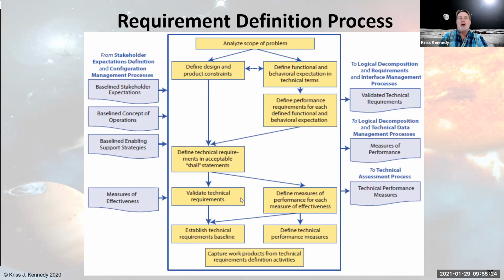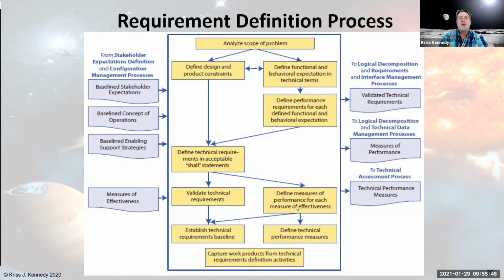And then you validate technical requirements. Remember the difference between validate and verify. You validate against the concept of operations. Is that function needed, required in order to implement these test objectives, the mission objectives, et cetera.